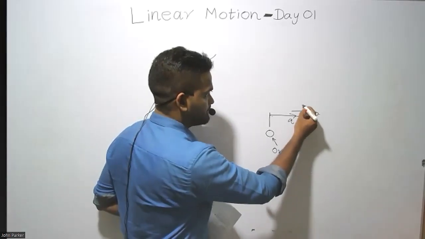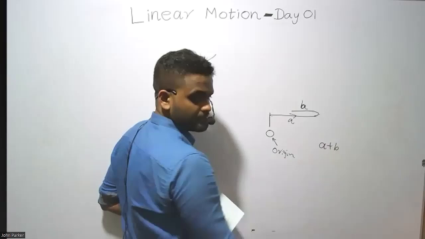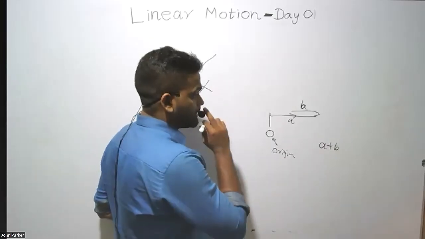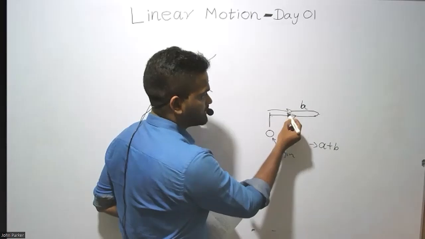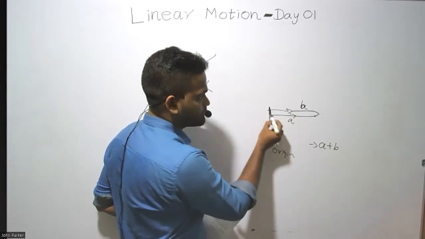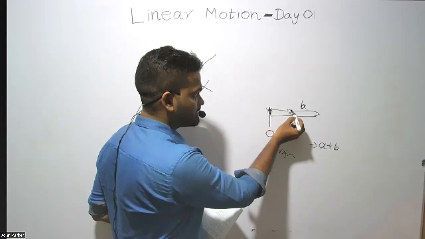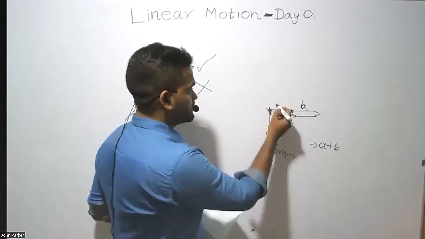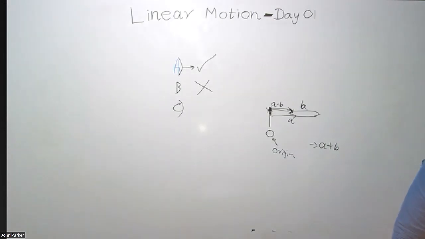Let's say this distance is A and this distance is B. So the distance is A plus B. But the displacement is this one. Why? This is the initial position and this is the final position. So this is A minus B. So the displacement has decreased.